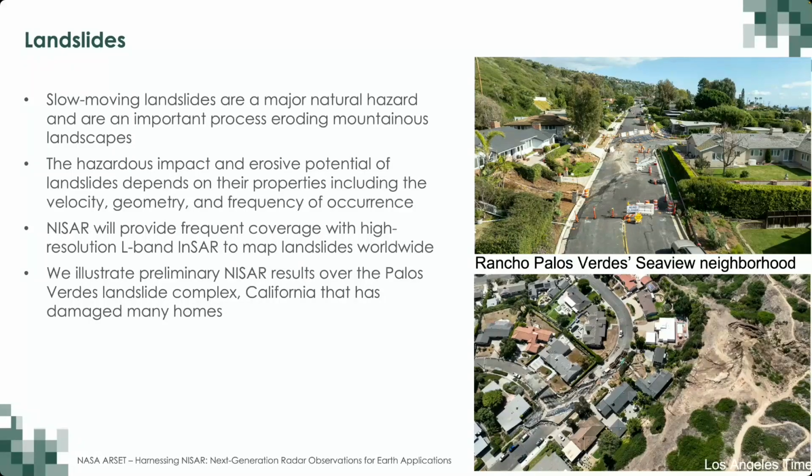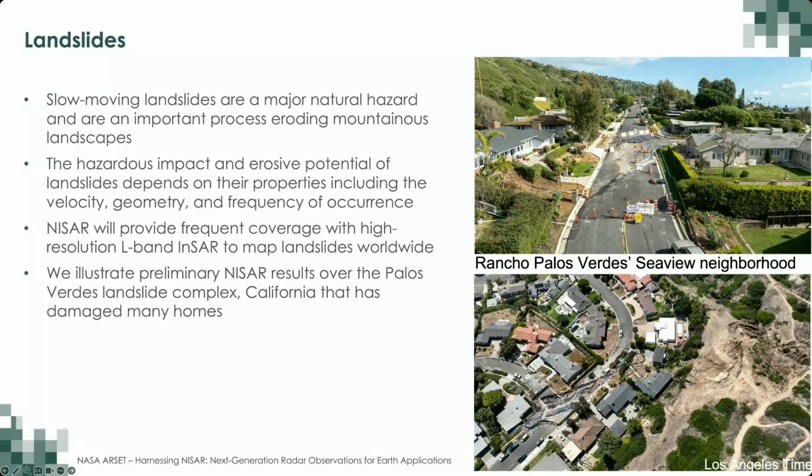I'm going to be talking today about a specific landslide in an area called Palos Verdes. This is a city in Palos Verdes called Rancho Palos Verdes, where a landslide accelerated in 2023 and went right through this neighborhood, including this house right here.